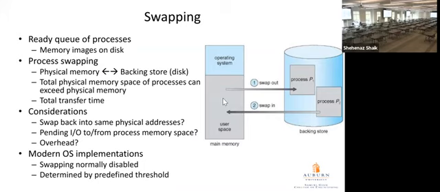For different elements, and for that reason the process needs to be recompiled or reloaded, and so this approach of swapping out to a persistent store and swapping back in at a later point in time does not work. So this approach can be applied only to processes which can have the address binding performed at execution time. Yeah, so that is an important aspect that we need to consider.